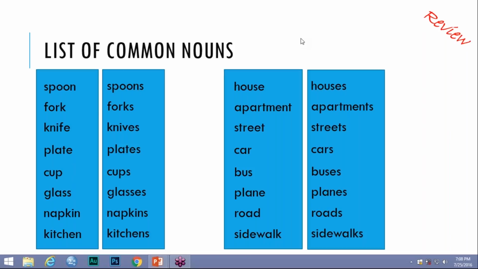And here we have them in plural: spoons, forks, knives, plates, cups, glasses, napkins, kitchens, houses, apartments, streets, cars, buses, planes, roads, sidewalks.